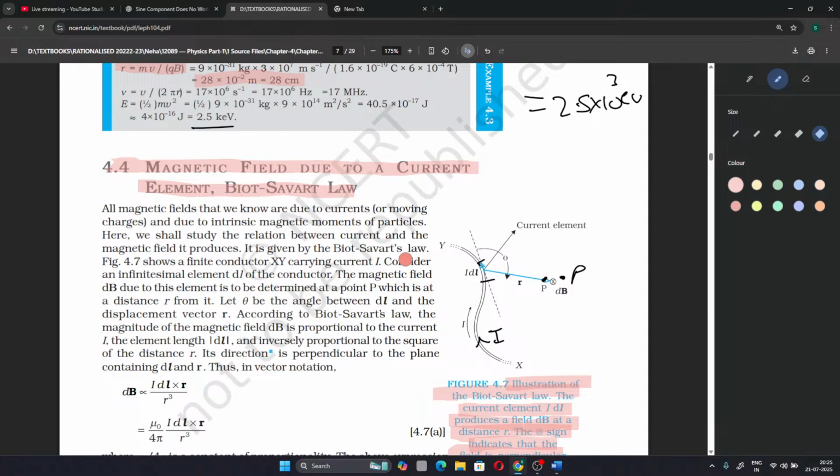That is what we call Biot-Savart's law. All magnetic fields that we know are due to currents or moving charges, and due to intrinsic magnetic moments of particles. Here we shall study the relation between current and the magnetic field it produces.